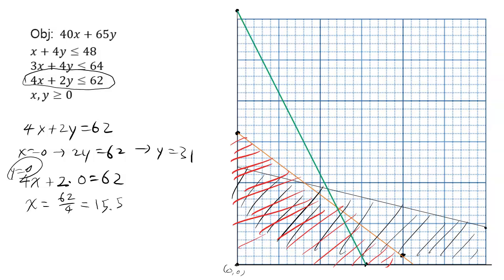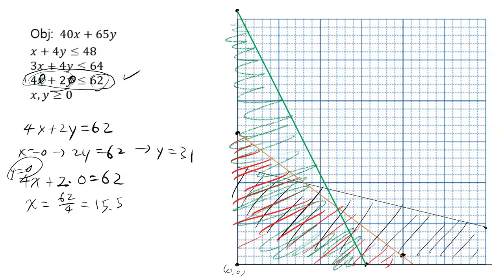Now let's plug (0, 0) into the inequality on the left side: 4 times 0 is 0, 2 times 0 is 0, and 0 is indeed less than or equal to 62. That means this line divides the entire plane into two sides, and the one that contains (0, 0) is the one that you should be shading. So let's just shade this portion.